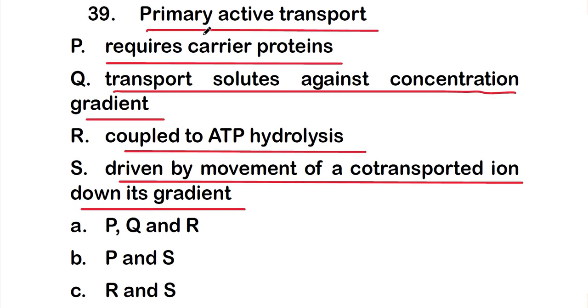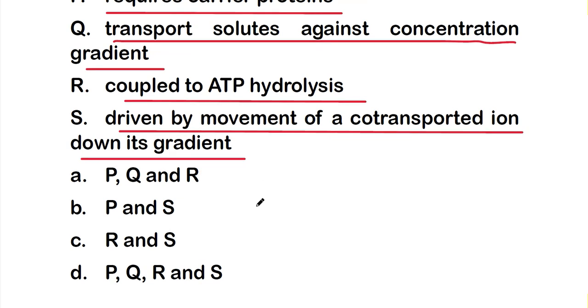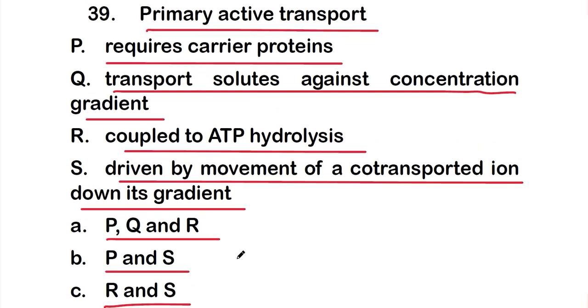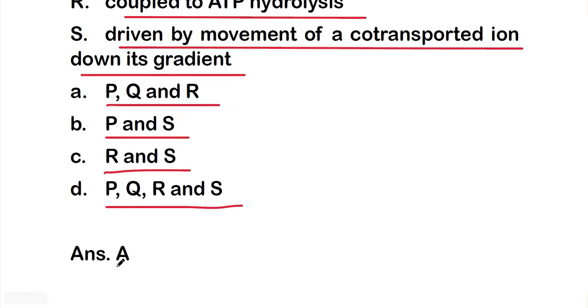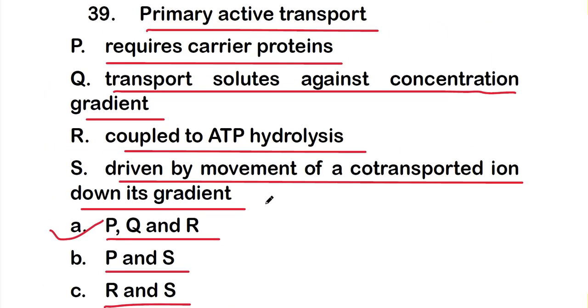So which statement about primary active transport is correct? Options are option A P, Q, R, option B P and S, option C Q and R, or option D P, Q, R and S. So the right one is option A, that is P, Q and R. These three statements are correct.